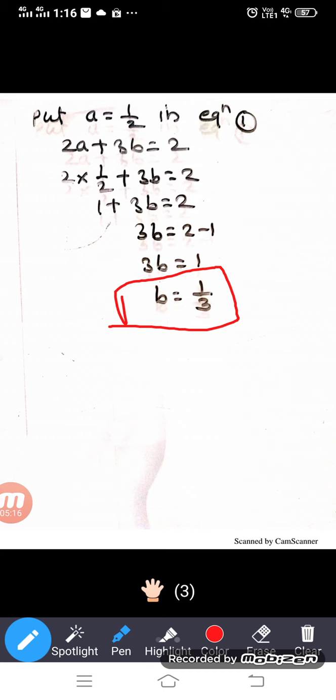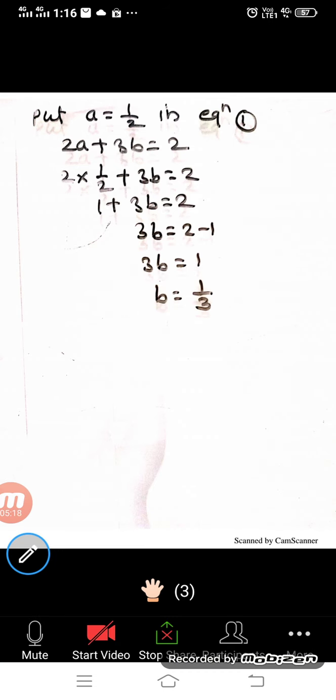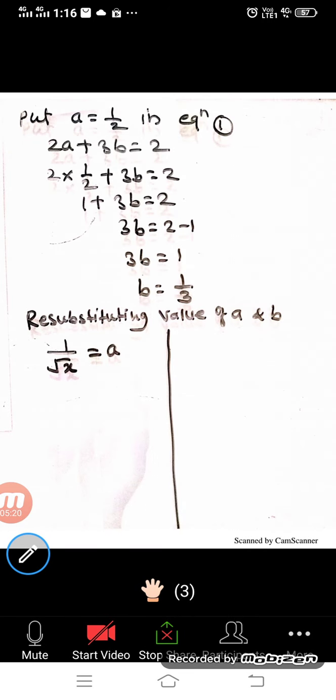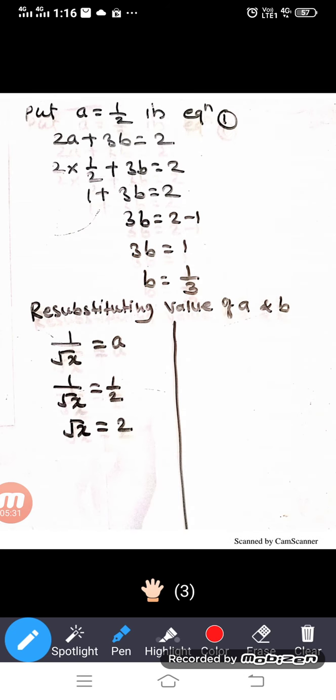We have to consider the values of a and b. 1 upon root x is equal to a and 1 upon root y is equal to b. Resubstitute the values of a and b. Here 1 upon root x is equal to a, and the value of a is equal to 1 by 2. So 1 upon root x is equal to 1 by 2. Then we get root x is equal to 2.